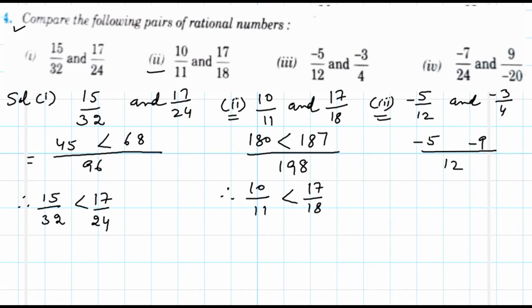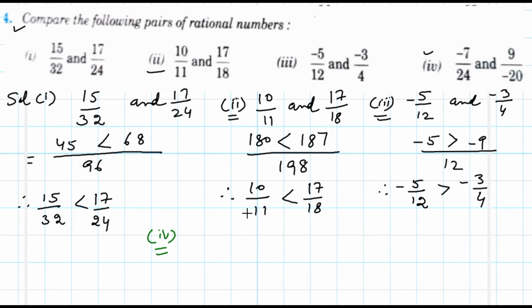So this is minus 9. So which one is greater? In minus, the smaller one is the greater, so this is greater. So the fraction of this is this. So therefore minus 5 upon 12 is greater than minus 3 upon 4. Right, students? So next we are going to take part 4th here.